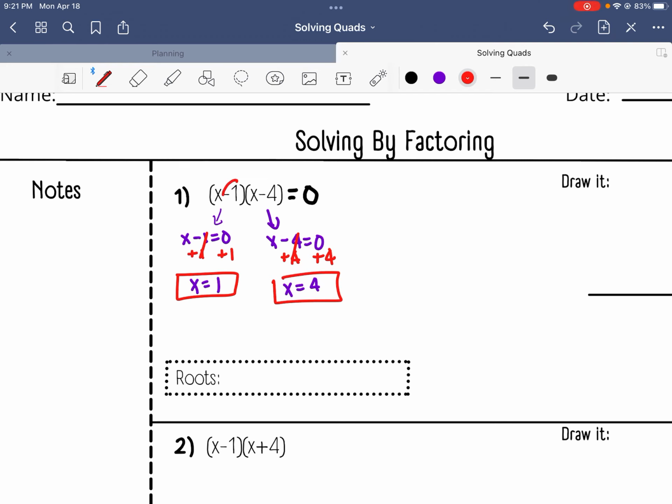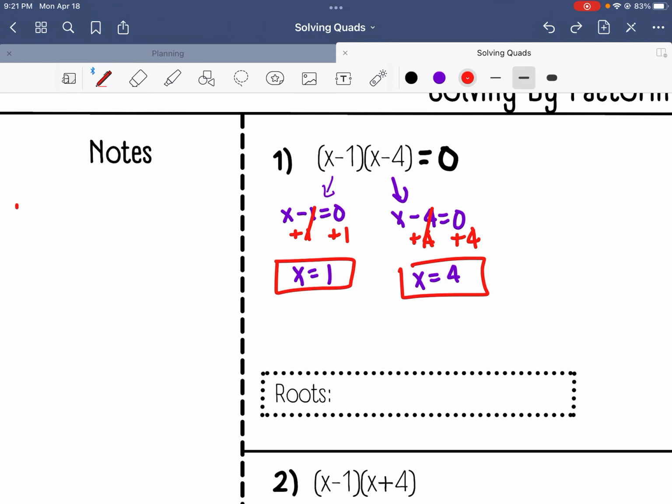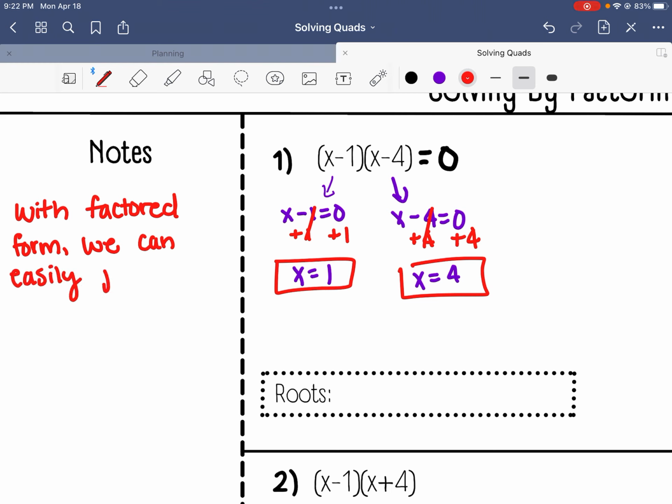Now, another way we can look at this is right here I see that I have a negative 1, and this became a positive 1. So if you notice, with factored form, I'm going to write this in my notes, we can easily just flip the signs.